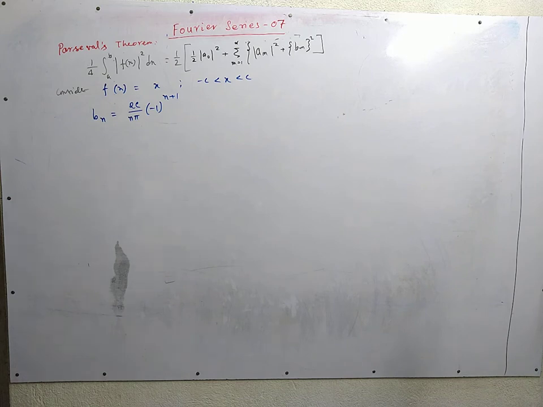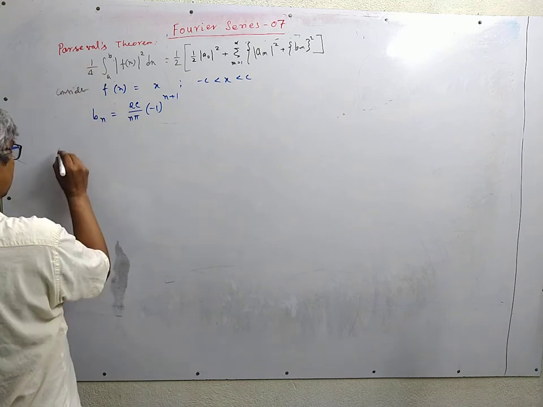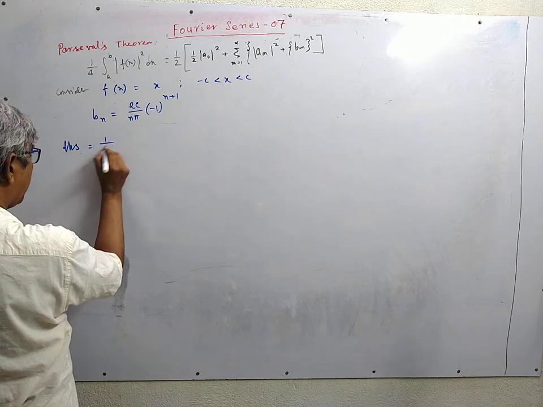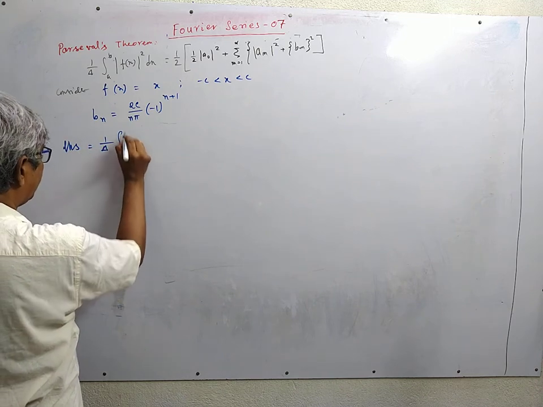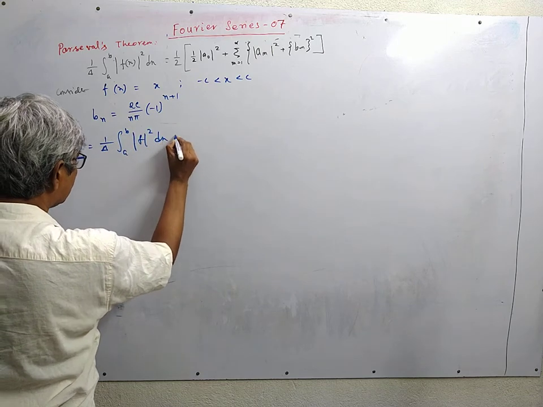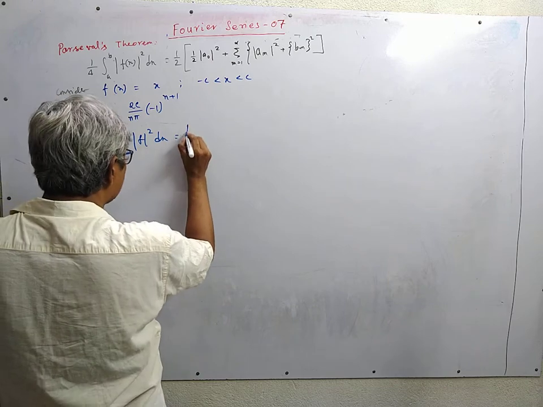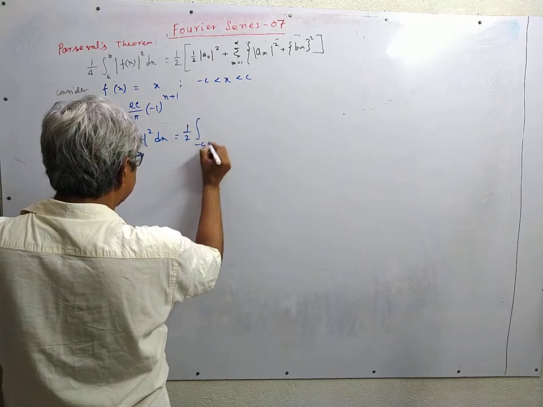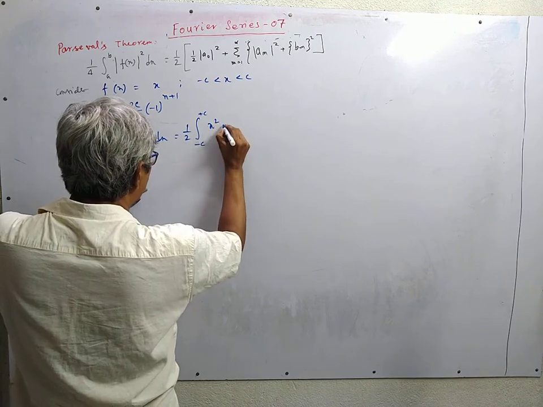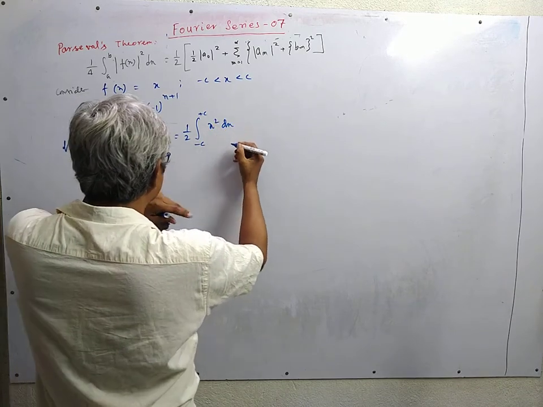Now we calculate the left hand side. The left hand side is equal to 1 by delta integral from a to b of f modulus square dx. So delta is equal to 2c. This is from minus c to plus c of x square dx.